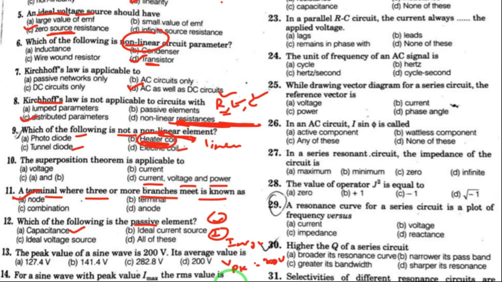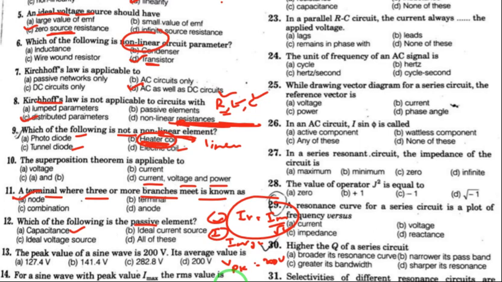In case of RMS value, it is maximum value by root 2. This is the relation for RMS value and maximum value. Here he is not asking the RMS value, here the average value is asked.